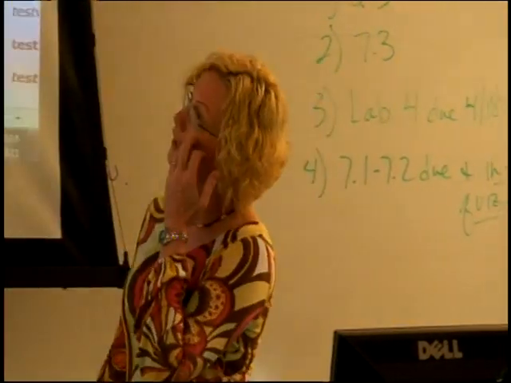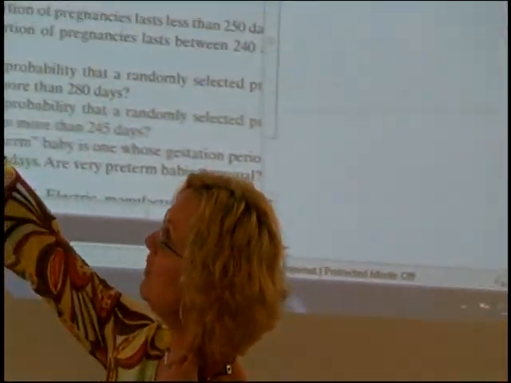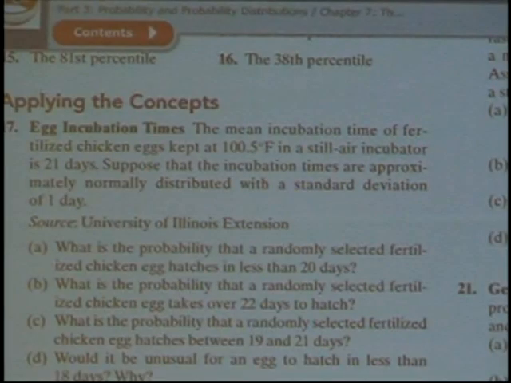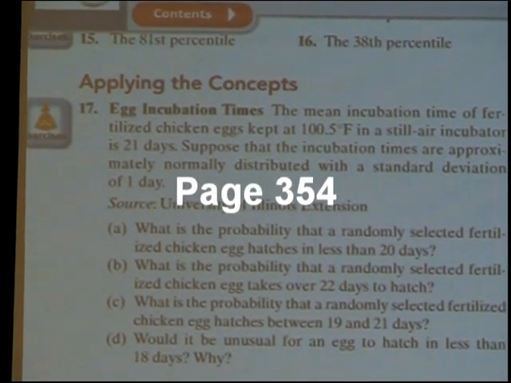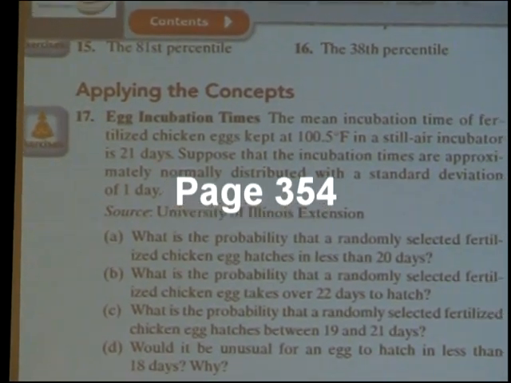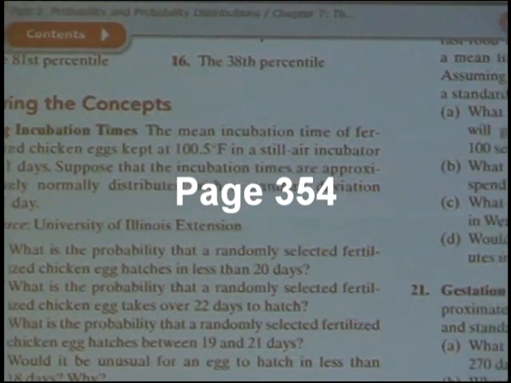Okay, let's do problem number 17, the chicken egg one. For everybody, actually you guys in the online class as well, I'm on page 354 in the book.